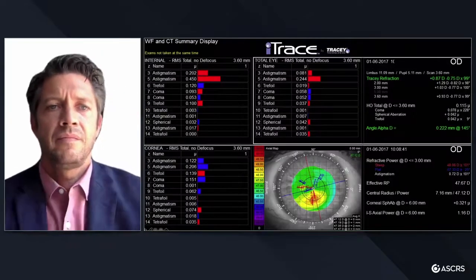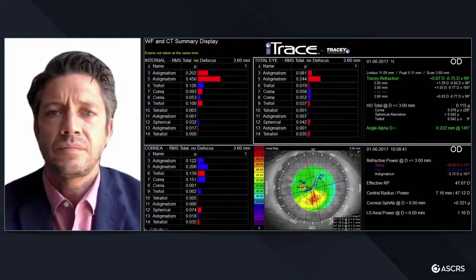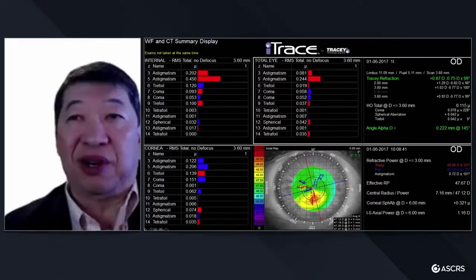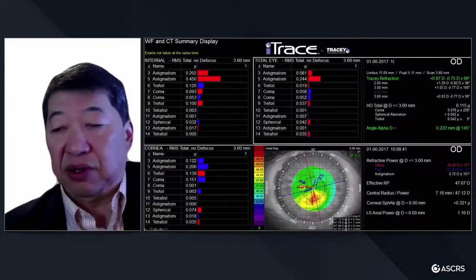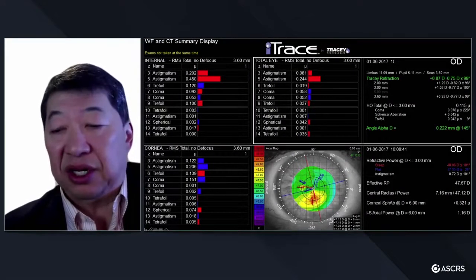Great. Jesse, can you back up one slide just to the prior one? I remember in the beginning how confusing it was to look at all the bars and the numbers, and it's overwhelming to people that haven't used the technology before. So I want to just add to Paul's excellent introduction.